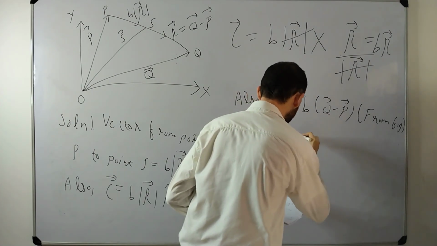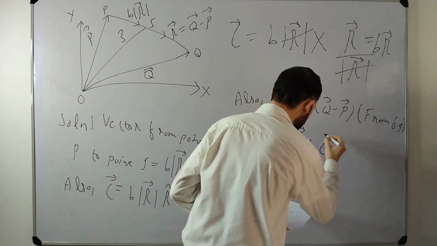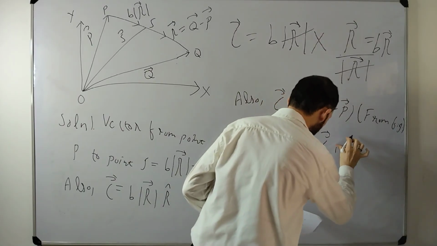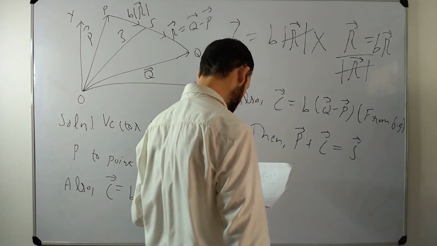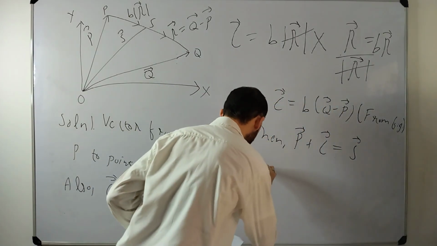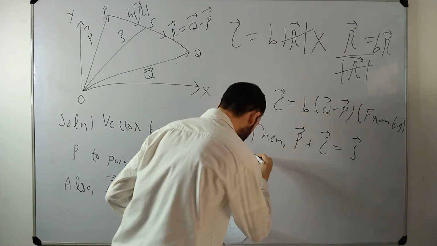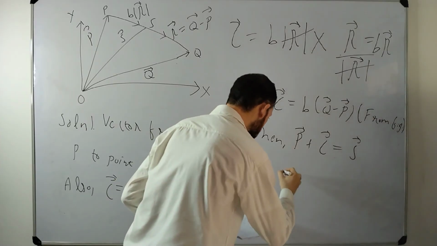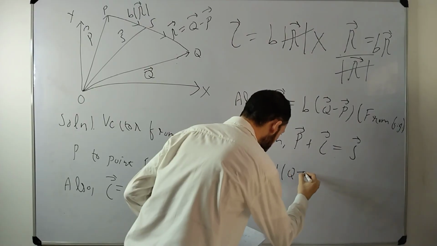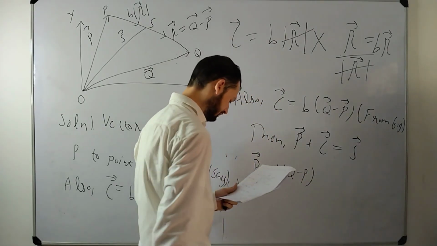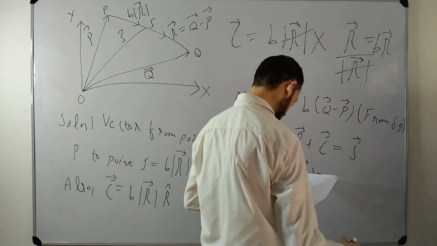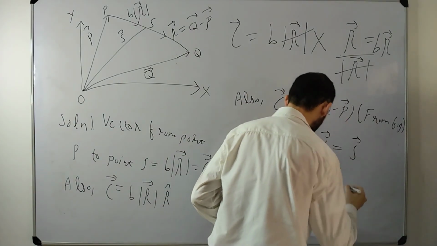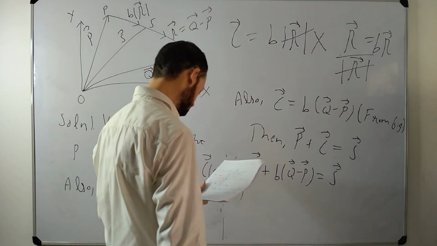Then, the law of vector addition says P plus C has to be equal to S vector. Right, student? Then what would I write? P plus B times Q minus P, right, student? In vector form. And this should be equal to S. Now put the value of P and everything.